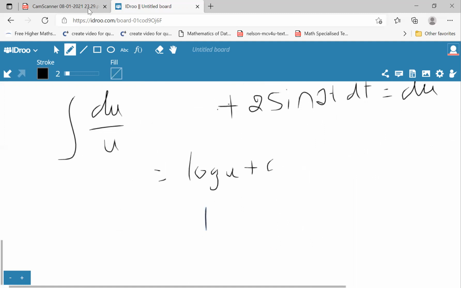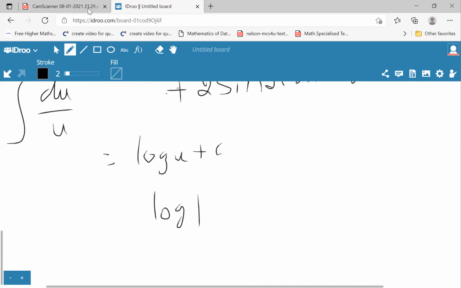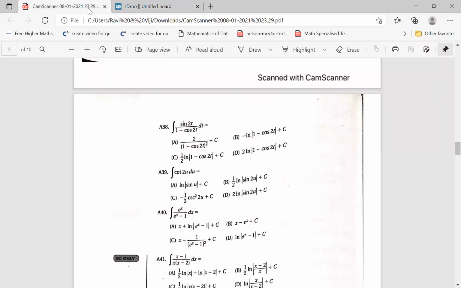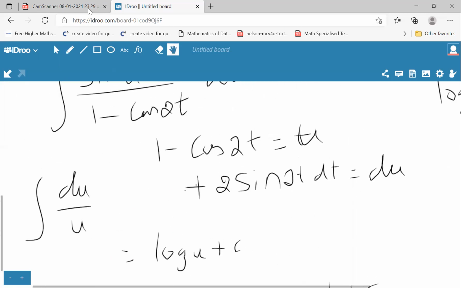Now substitute for u. We took u as 1 minus cos 2t. Wait children, I think I made a mistake. So 2 sine 2t dt is du. Oh, I forgot this 2 here.